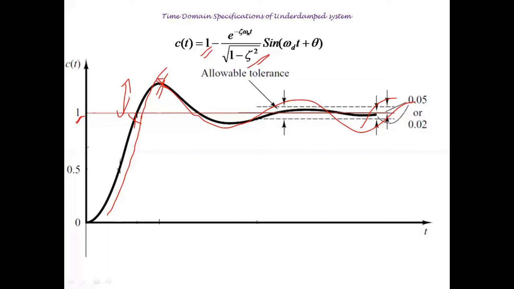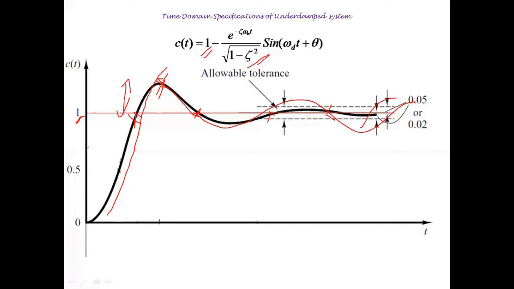The first parameter of interest is rise time. The rise time is the time taken by the output response from 0% to 100% of the final value in the first attempt. Here the final value which we are expecting is 1. It has reached 1 for the first attempt at this position, and the second attempt, third attempt, again it reaches here, and so on.